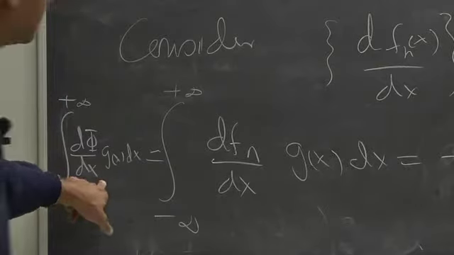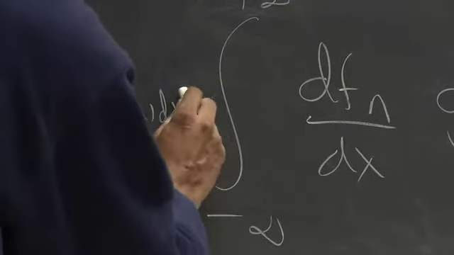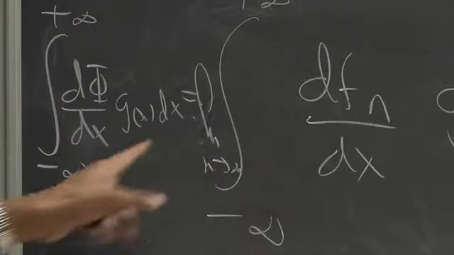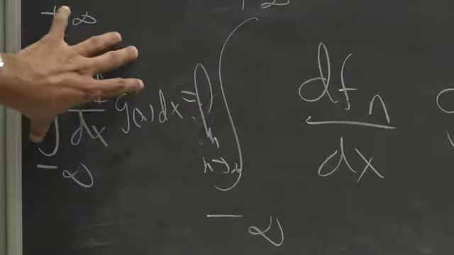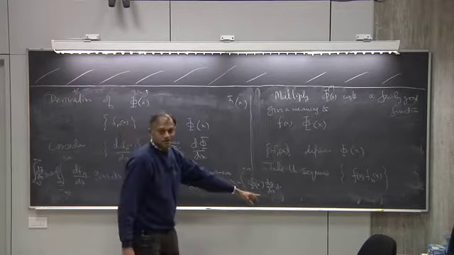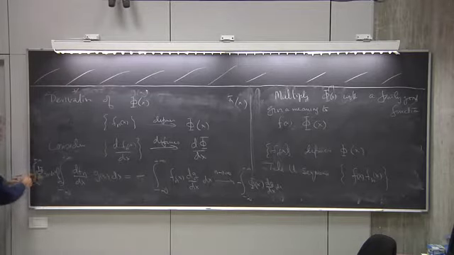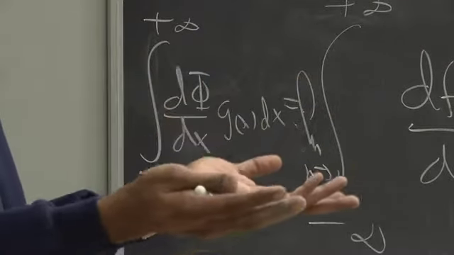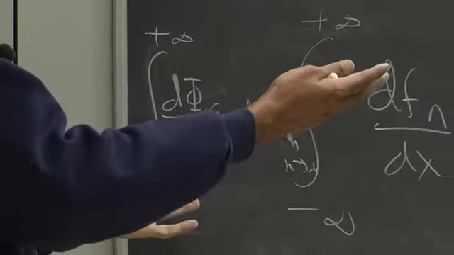Now look at this, the first term here, I mean this limit, sorry, I should say the limit. You understand what I mean? This is a limit as n goes to infinity. This is equal to that. So now look at the two sides. This is equal to that. But that makes perfect sense, right? Because if you just try to do the integration by parts, like for normal functions, you do integration by parts, right?